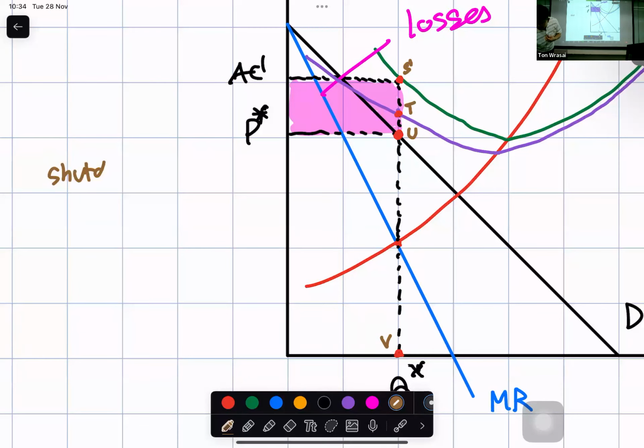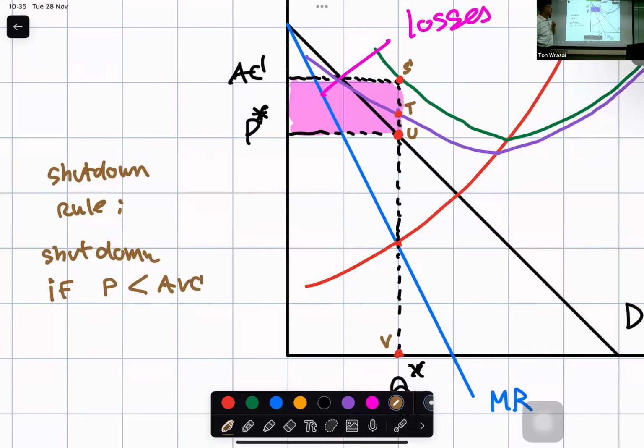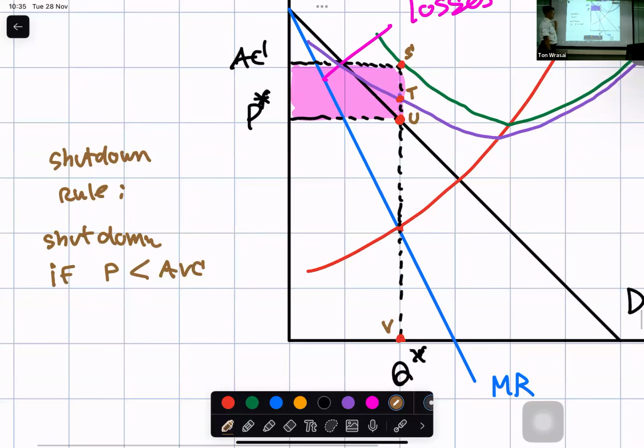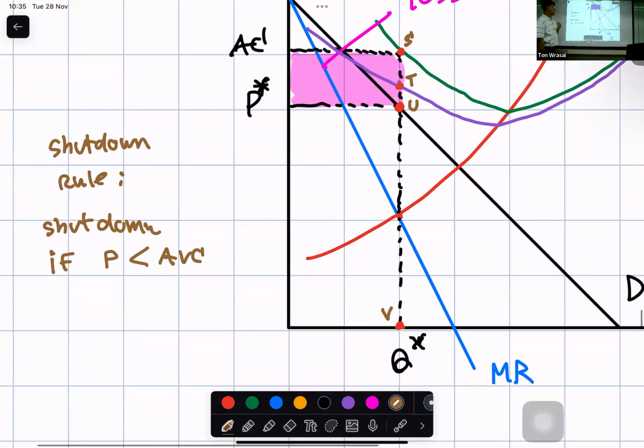And our reminder said, shutdown rule says shut down if price is less than average variable cost. Now we start to check whether it's valid with this or not.